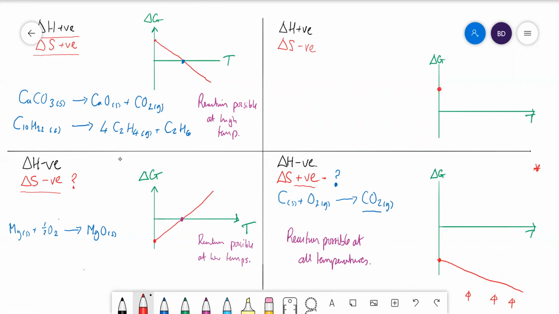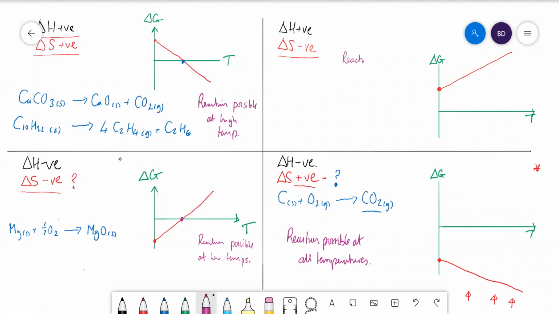The gradient is going to be positive because delta S is negative, okay? And so that line is going to go like that. So you can see that for this reaction delta G is always positive, never goes below the axis, so that means that reaction is impossible at all temperatures.